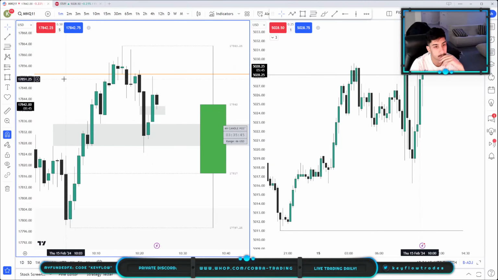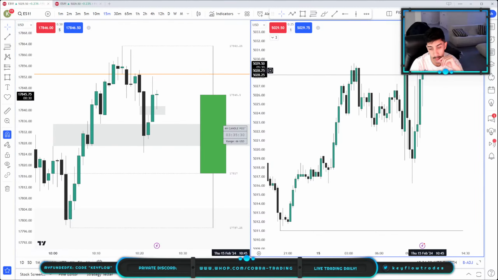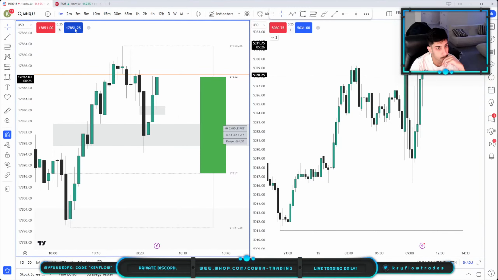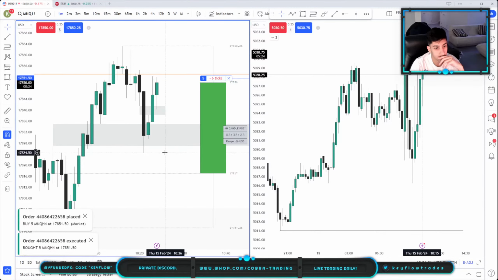See what it does here. Yes, leaving equal highs there is sketchy. Looks like it wants to go for those again. I'm going to try one more time.